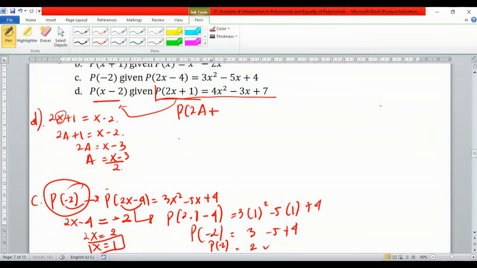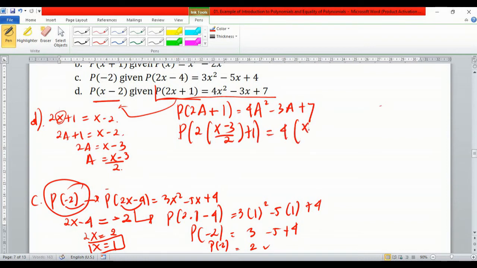So p(2a plus 1) is equal to 4a square minus 3a plus 7. So what's a? a is x minus 3 over 2. So 2 times (x minus 3 over 2) plus 1 equals 4 times (x minus 3 over 2) power 2 minus 3 times (x minus 3 over 2) plus 7, right?